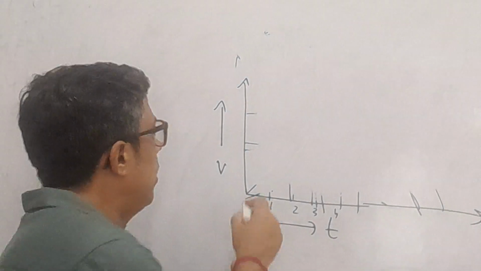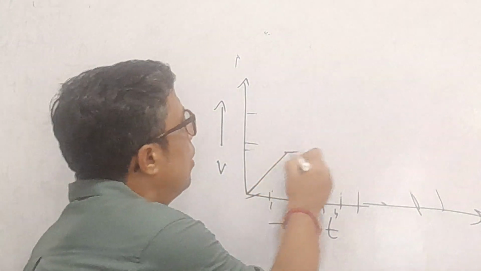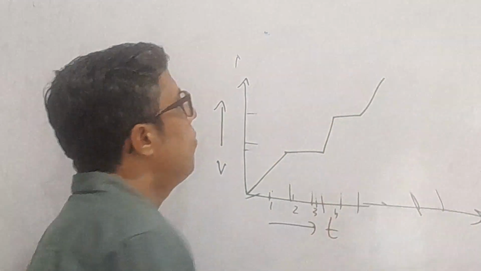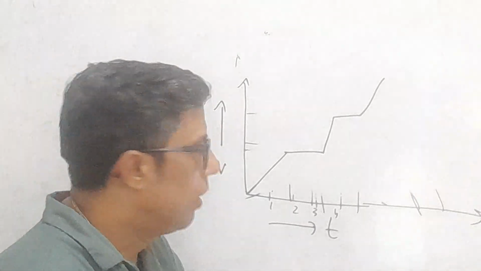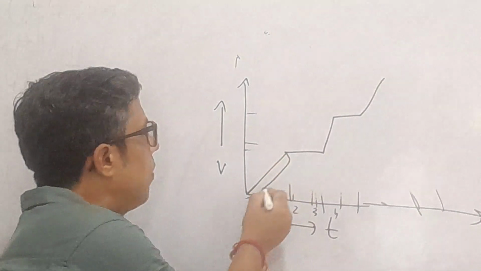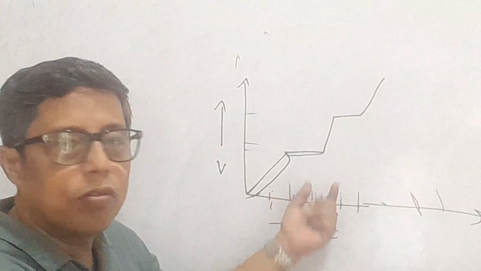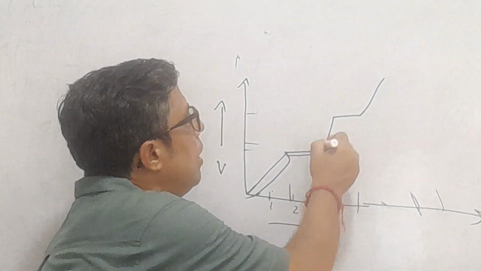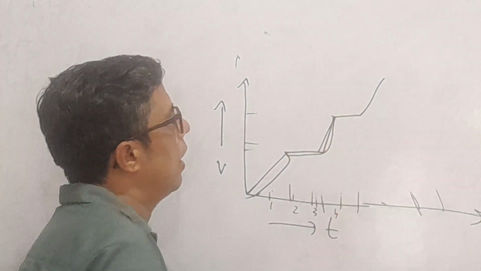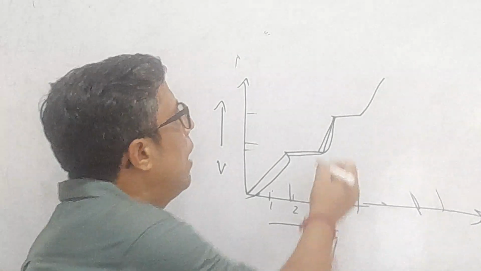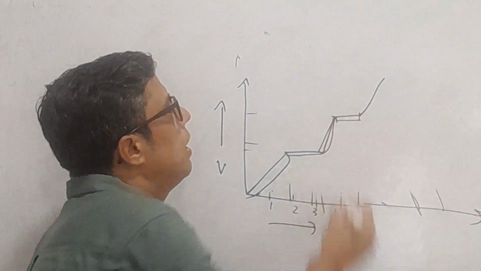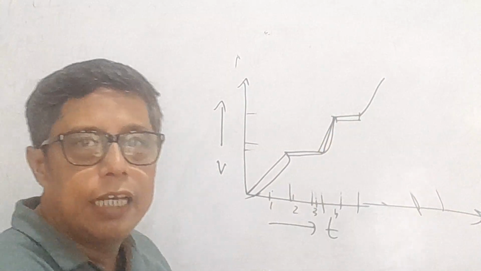Let's say you get a graph like this: initially there is uniform acceleration, then the velocity is constant, then again the velocity increases, which is a different acceleration part, and again there is a part of the VT graph where the velocity is not changing.